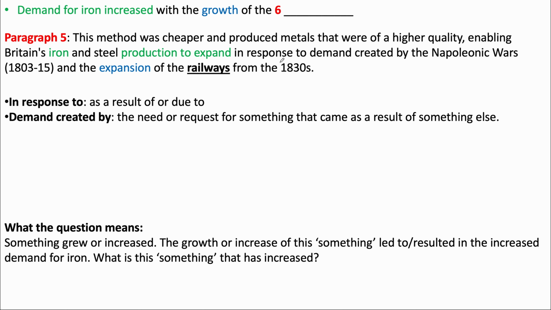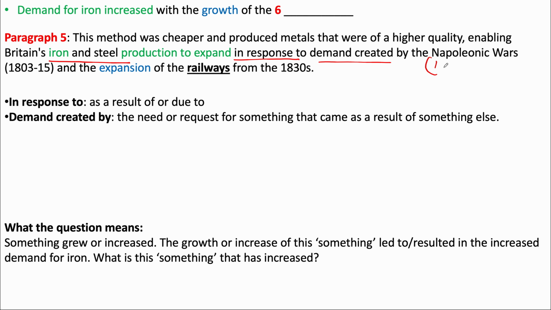Two important phrases in the passage are in response to, which means as a result of, and demand created by, which means that the need for something came as a result of something else. Iron and steel production increased or expanded. There were two reasons for this increase.